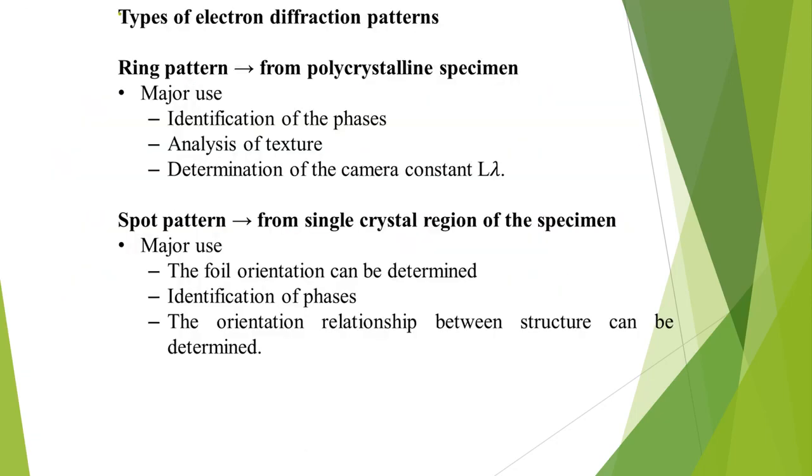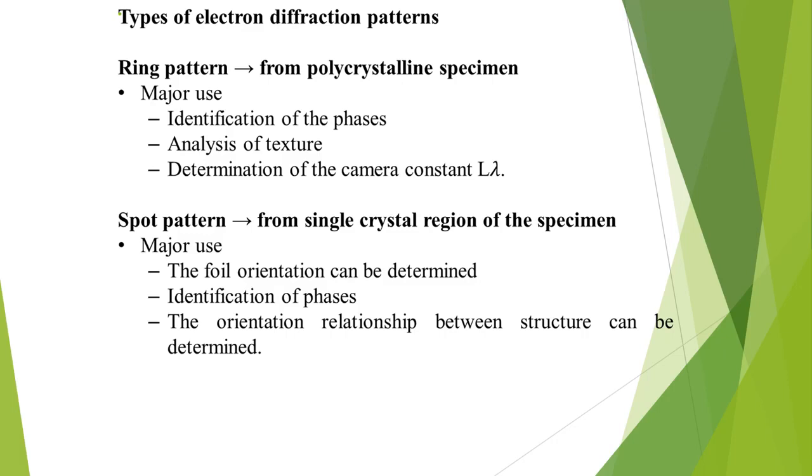So, types of electron diffraction pattern. One is the ring pattern, which comes from a polycrystalline specimen, and its major uses are identification of the phases, analysis of the texture, and determination of the camera constant L lambda.